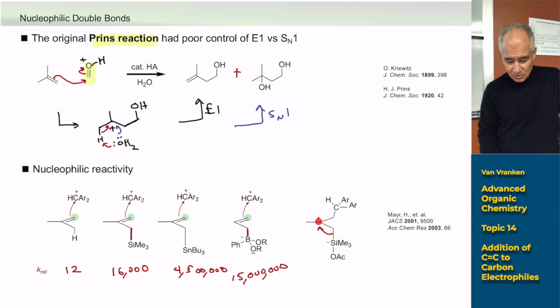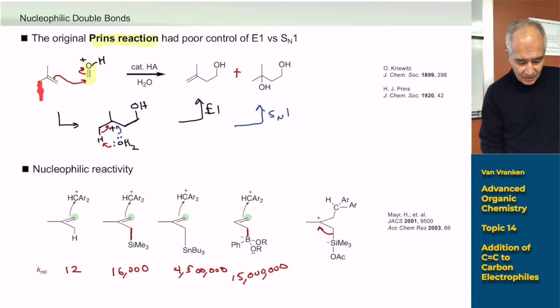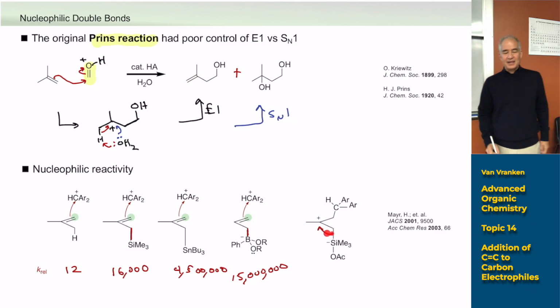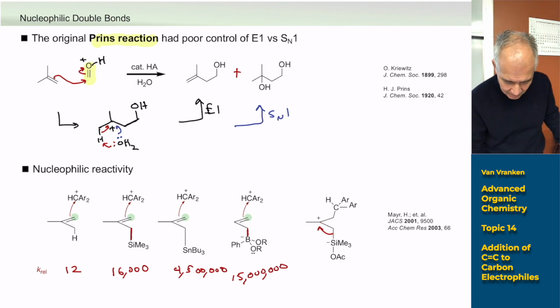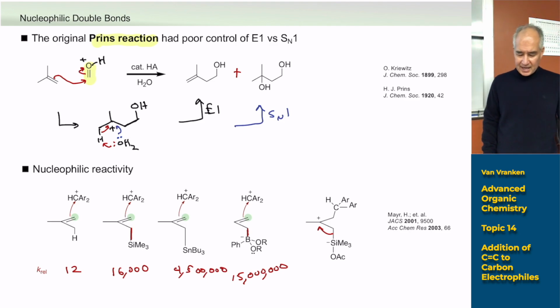And they completely control the regiochemistry and you don't get any addition to this carbocation. So if you want to make systems that look like this, start with one of those long bonds to tin, to silicon, to boron, and it'll disappear in the end. And you'll know exactly where that double bond is going to be because it's going to be created by this loss of this silyl, boronate or stannyl species.